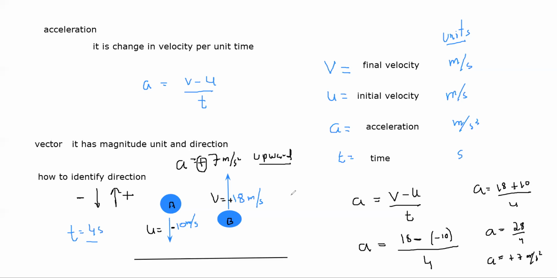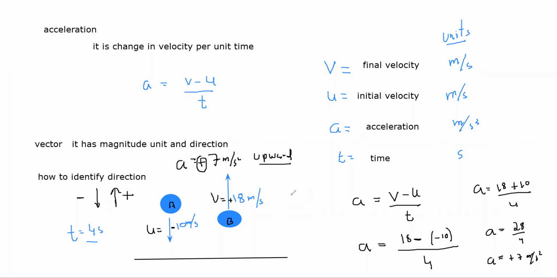In this example, because acceleration is the change in velocity, it's final velocity minus initial velocity divided by time. The final velocity was 18 and initial was 10, but because the directions are opposite, I took plus 18 for final and minus 10 for initial.